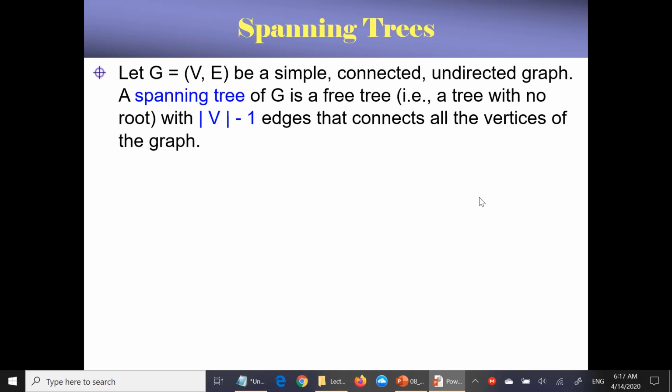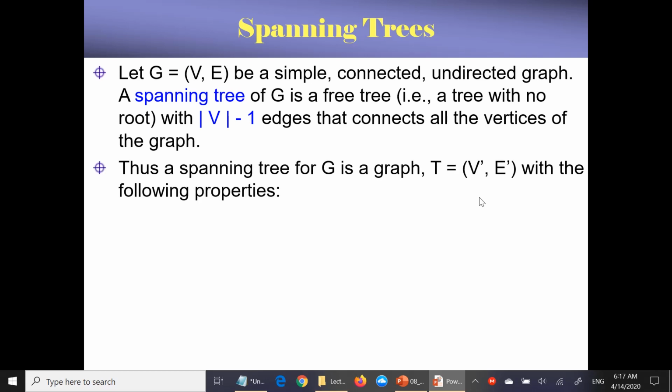Here is a more formal definition. A spanning tree for a graph G, which has V and E as its set of vertices and set of edges, is a graph T. We call it T because it's actually a tree, which consists of V prime, E prime.